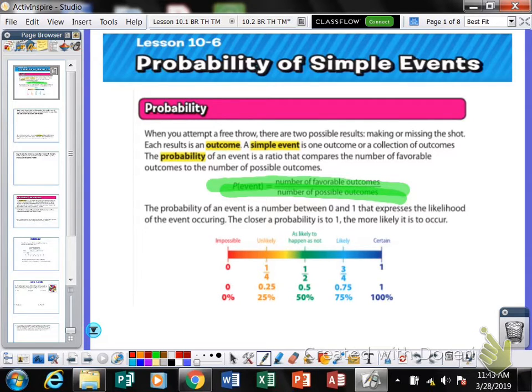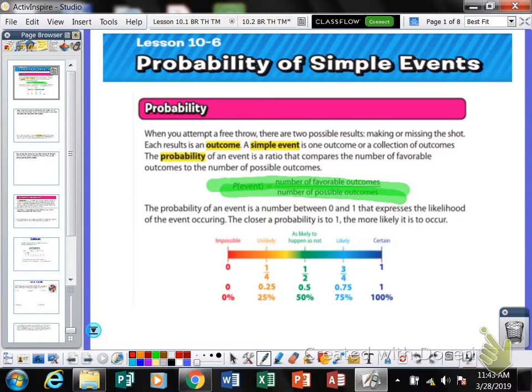If we get about 50%, half, it's as likely to happen as not to happen. If we get about 75%, the event is likely. And if we get 100%, the event is certain.